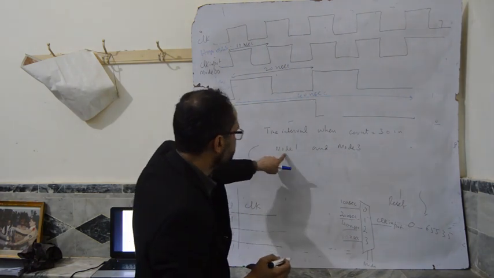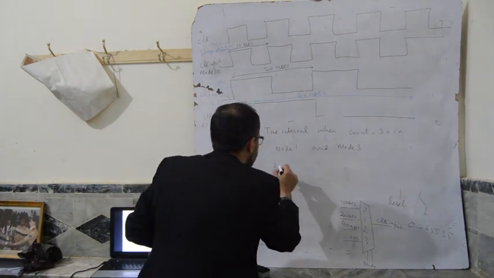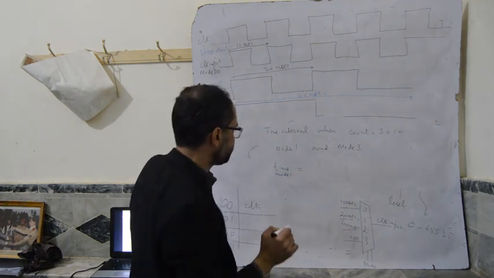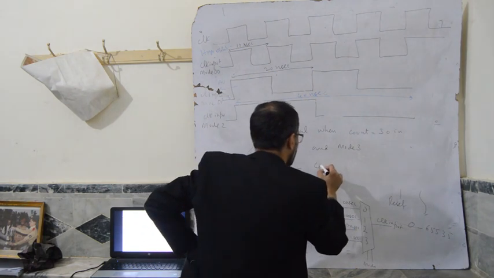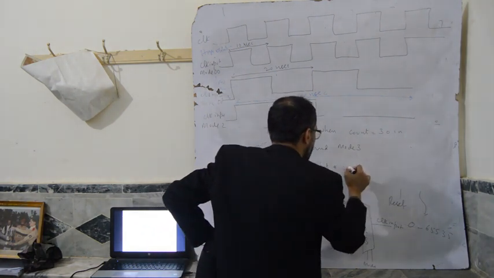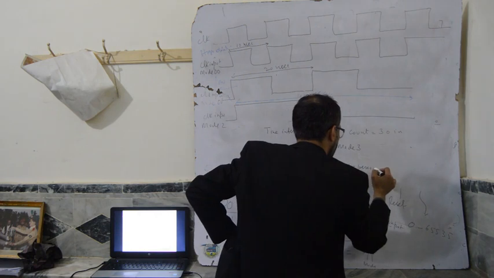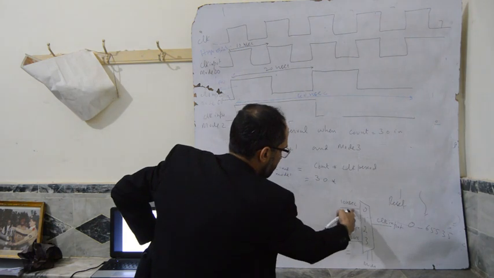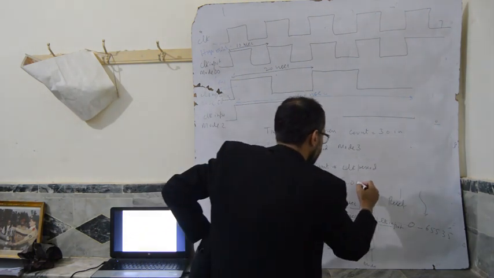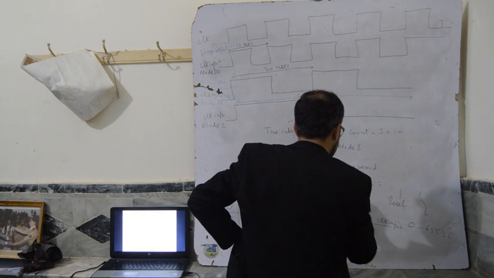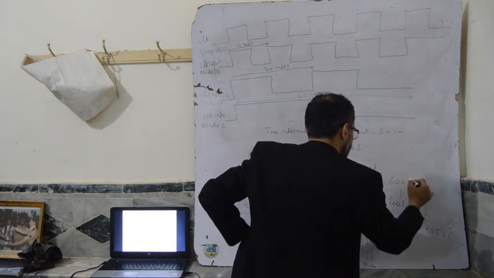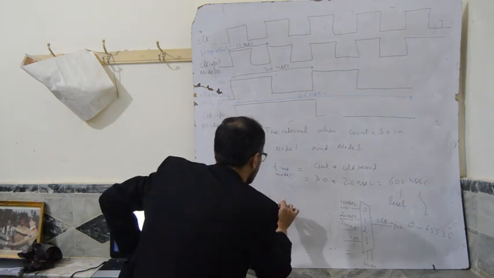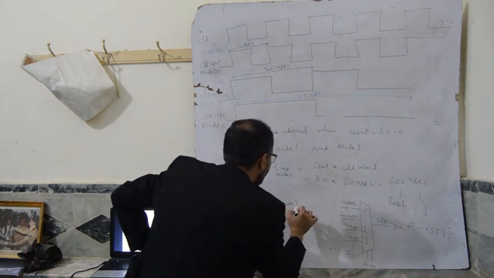So in mode 1, the count is 30, so the time in mode 1 is count multiplied by clock period. The count is 30. The clock period is 20 nanosecond. So the delay is 600 nanosecond.